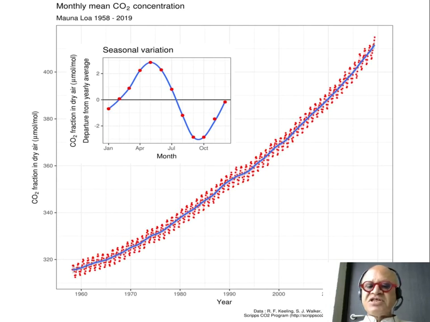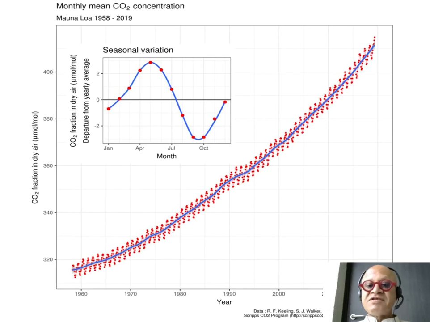This is the famous Keeling curve you would have seen many times. If not, you should know that carbon dioxide started to be measured by Charles Keeling on Mauna Loa in Hawaii, based on advice from his advisor Roger Revelle in the 1950s, and soon it became obvious that even though there is this year-to-year breathing of the planet, there is a steady increase in carbon dioxide.